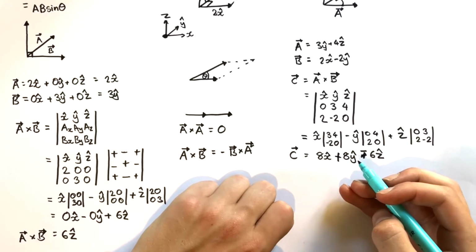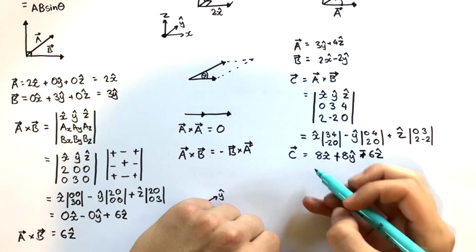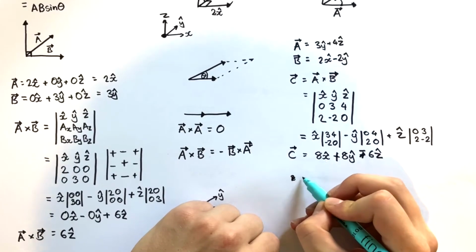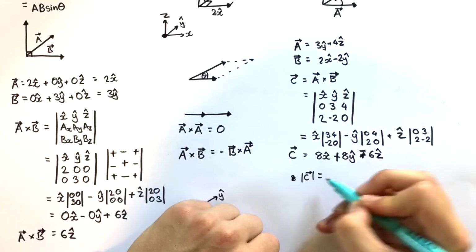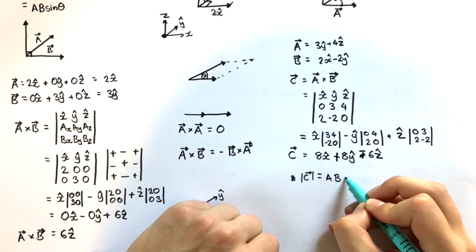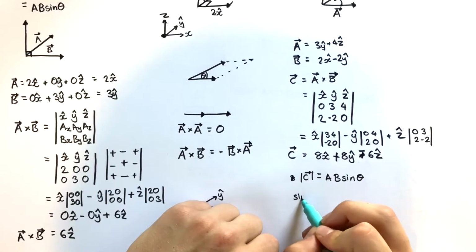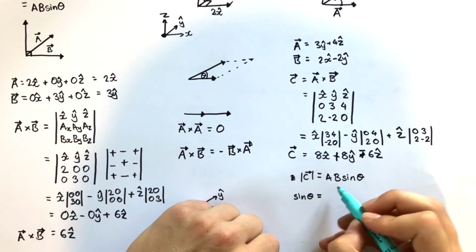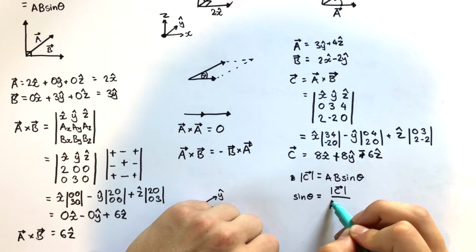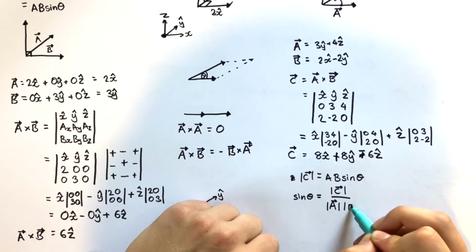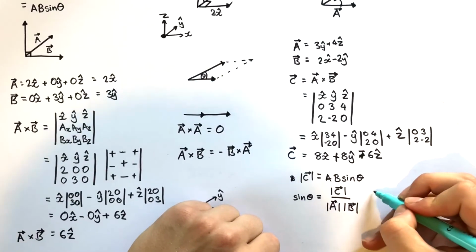And the next thing we want to do is find the angle between A and B. Well, we said before that the magnitude of C, the magnitude of the cross product, is equal to AB sine theta. And so if we rearrange this equation, we find that sine of theta is the magnitude of the cross product divided by the magnitude of the vector A and the magnitude of the vector B. I'm using a bit of dodgy notation, I've just realized.